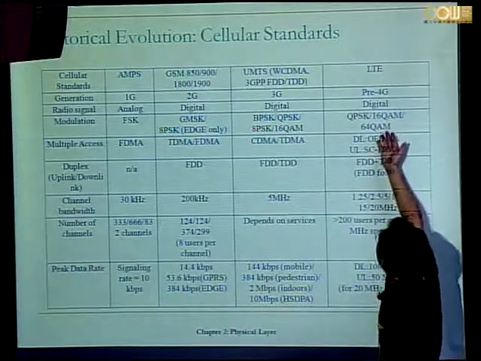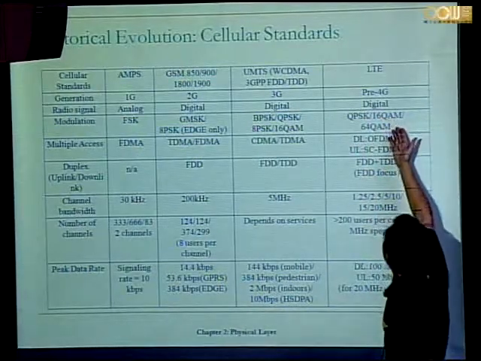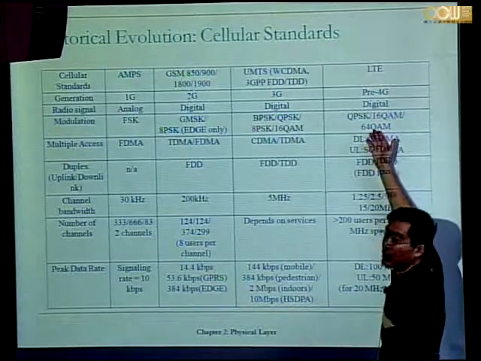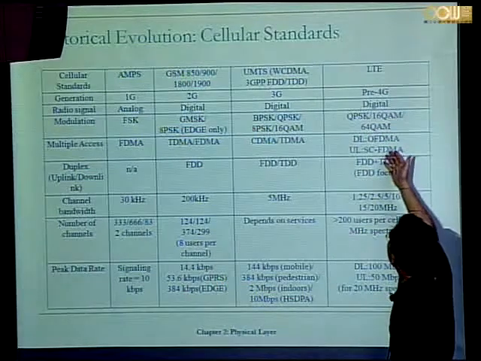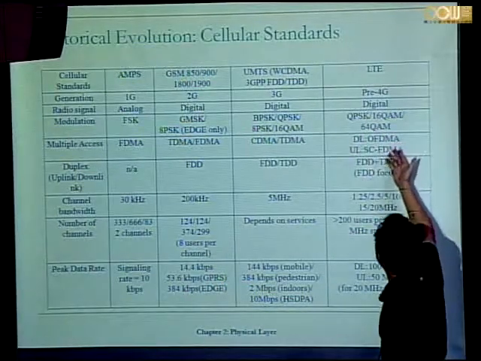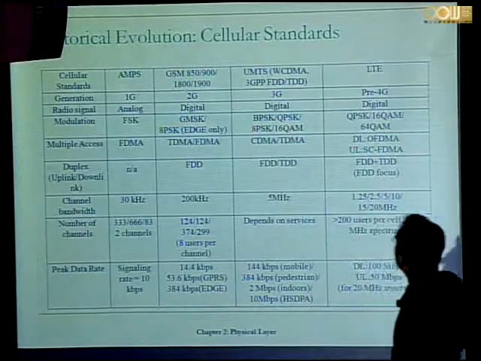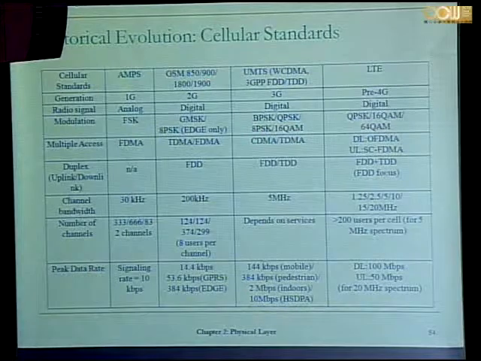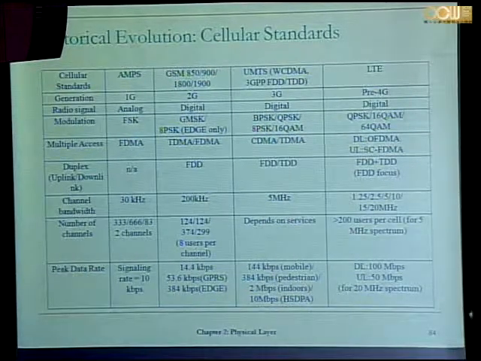But next, what are we going to use? They'll be using QPSK and QAM, the same. However, it will be higher. You get higher QAM, and also they use OFDM to support multiple access. So these modulation schemes we described are actually used in the standards in real systems.